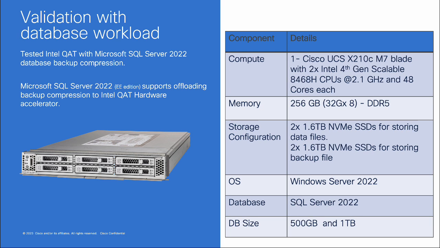It is equipped with two 8468H Intel 4th Gen Xeon Scalable processors, 256 GB DDR5 memory, along with local NVMe SSD drives. These drives are used for storing the database data file and backup files. Windows Server 2022 and SQL Server 2022 are installed on the M.2 SSD drives, and Intel QAT drivers are also installed to detect and show up in the operating system.